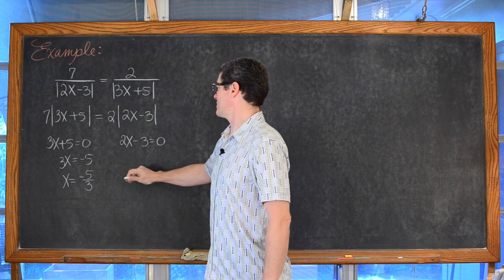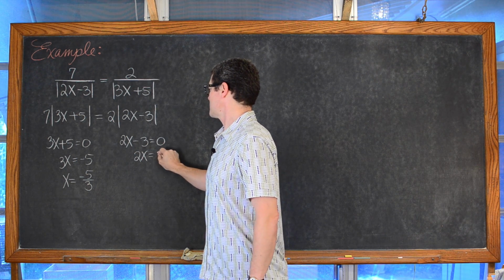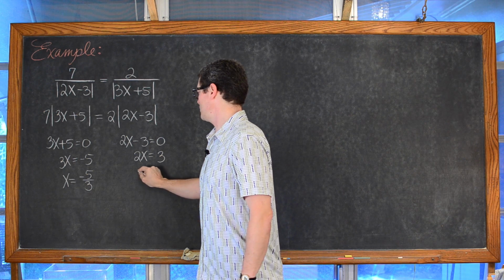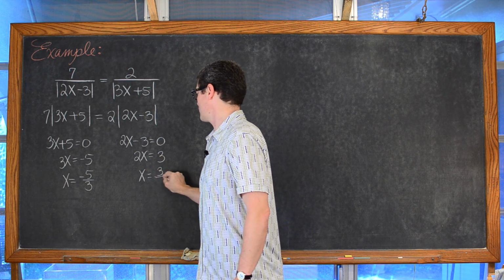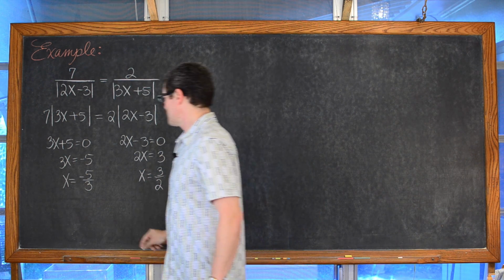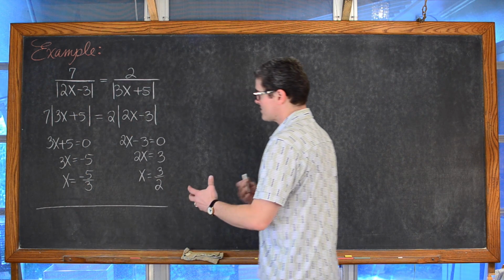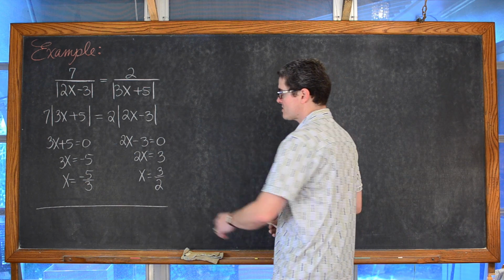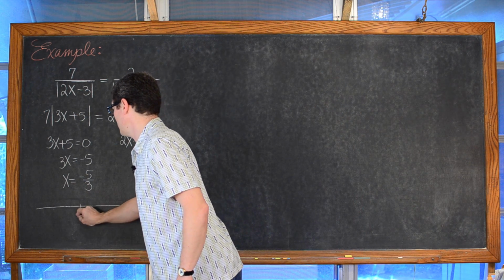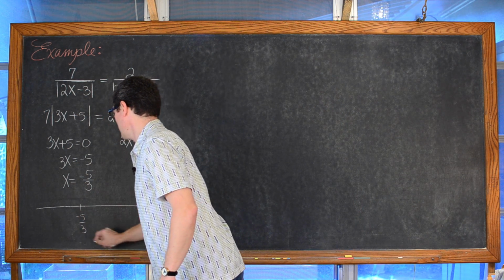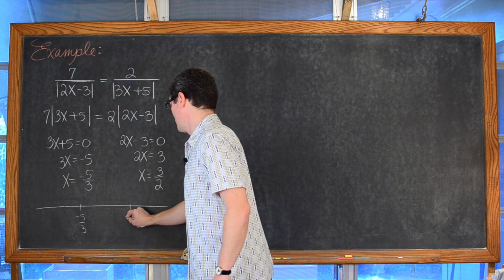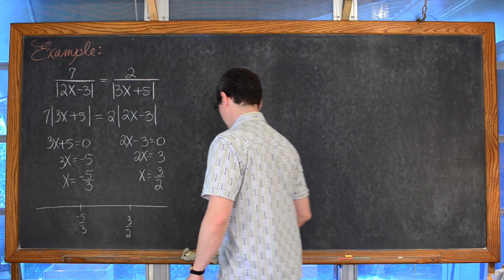Moving the 3 over with addition, we get 2x is equal to 3, and dividing by 2, we get x is equal to 3 over 2. So we have a number line that's going to be broken up into three intervals by this turning point of negative 5/3 and this turning point of 3/2.